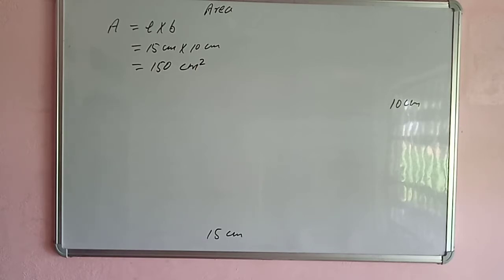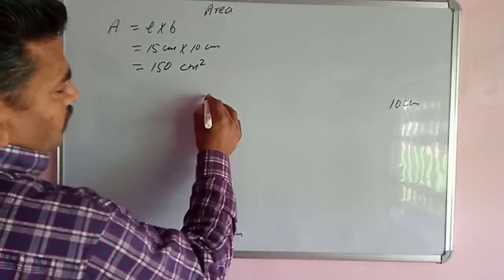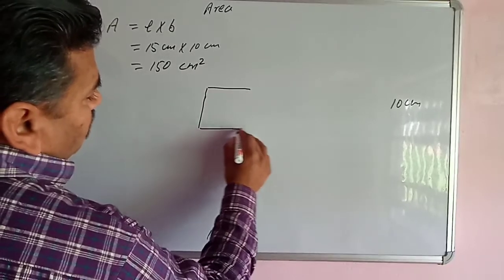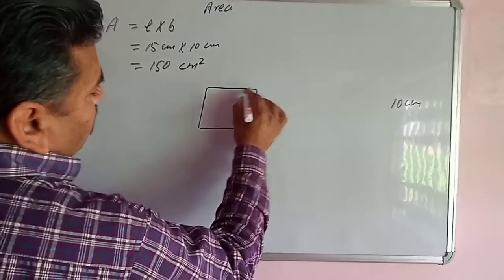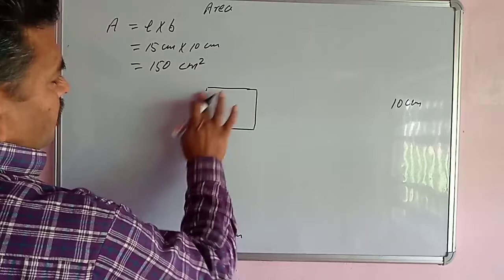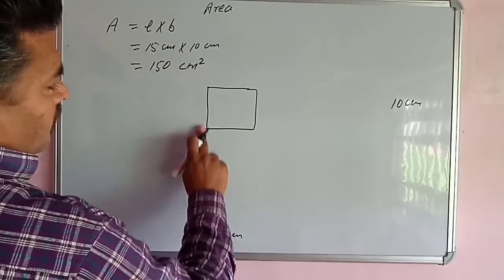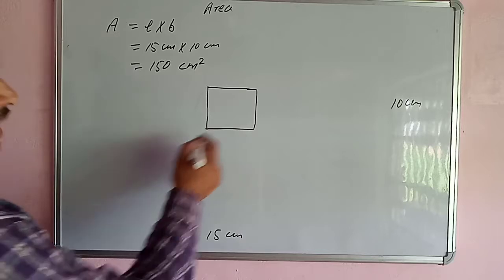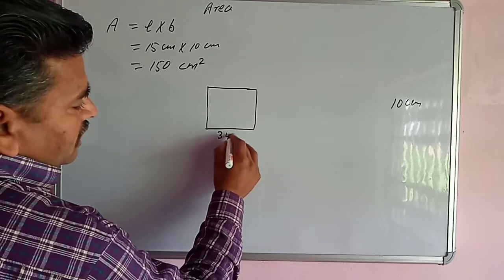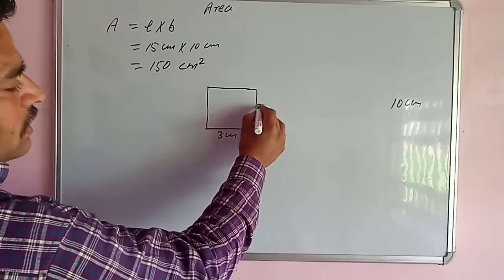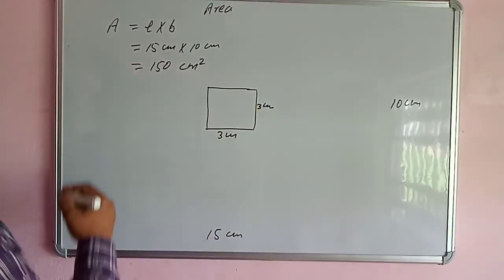Similarly, suppose the side of this square is 3 centimeter. If this side is 3 centimeter, this side is again 3 centimeter and this one is 3 centimeter.